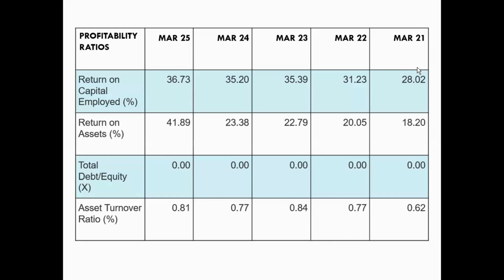Return on assets is 41.89, 23.0, 23.38, 22.97, 20.05, and 18.02. Total debt to equity ratio is 0 for the last 5 years.